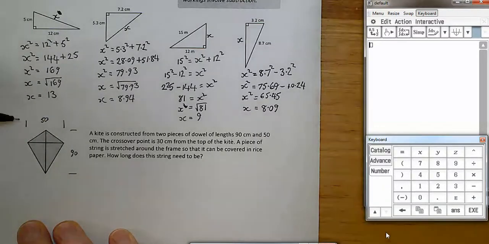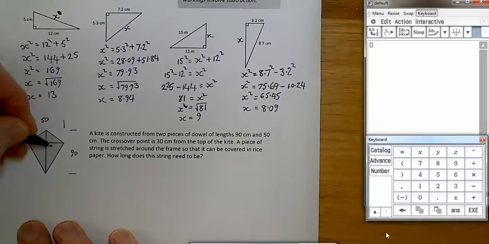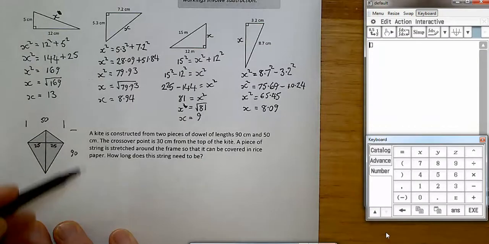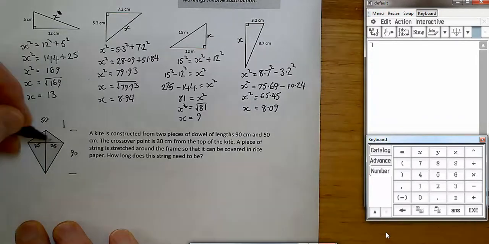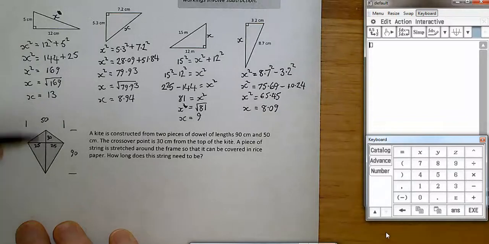Now this 50 is divided in two, but the symmetry of the kite tells you that this will have to be 25 centimetres here and 25 centimetres here to make up the 50. And it also tells you that the crossover point of these two is 30 centimetres from the top of the kite. So that's 30 centimetres, and that whole piece of dowel there was 90 centimetres long. I guess that means that this bit here has to be 60.